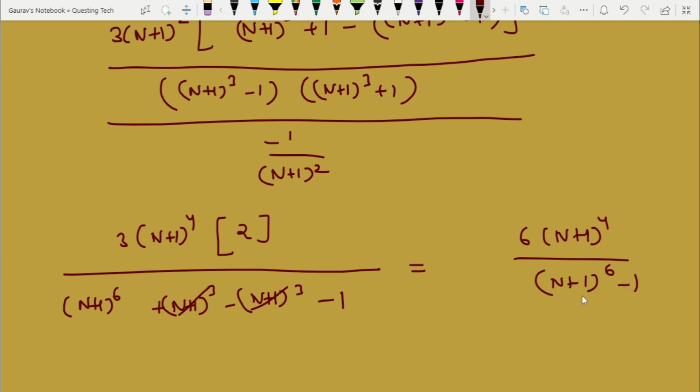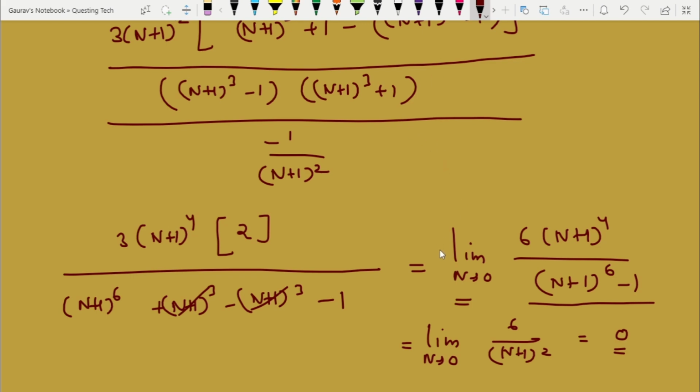So n is tending to infinity, so we can say that this is almost (n plus 1) raised to power 6. So the limit n tending to infinity of 6 divided by (n plus 1) squared is going to be 0.